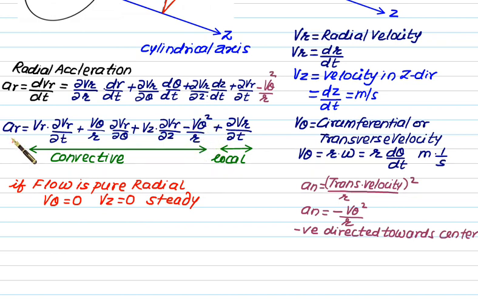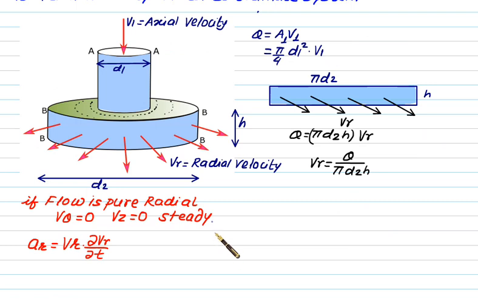So in the special case of a purely radial flow, we have radial acceleration ar equal to vr into del vr by del r. Remember this equation for radial flow. In the beginning, we developed the expression for radial velocity vr at the section. At any radius r, this cross section is 2 pi rh.